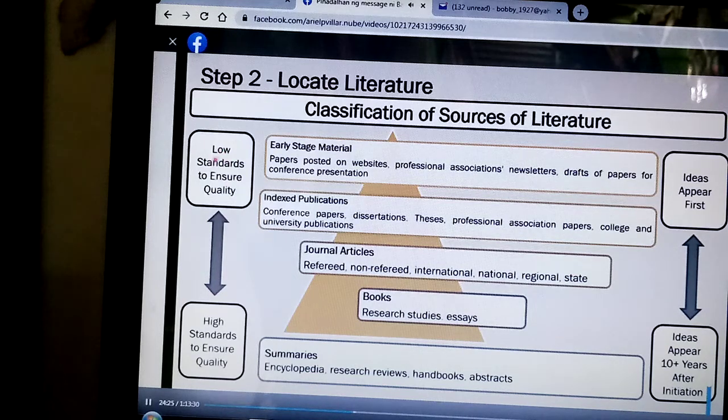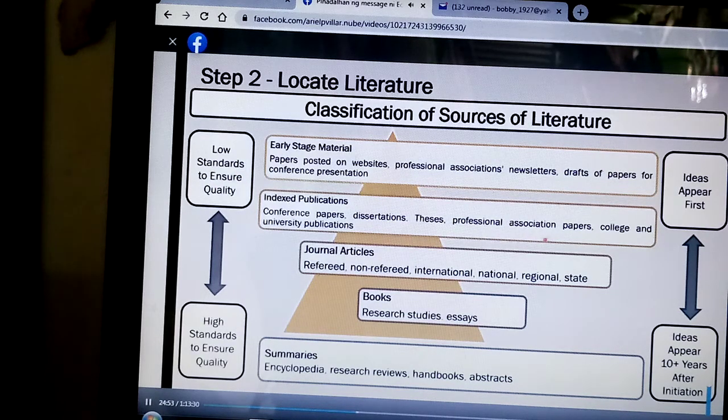Creswell in 2005 indicated the standards from the low standards to the high standards of references. So, first one, on top of the pyramid, yung mga bago-bago, yung mga early stage materials, posted papers on websites, professional association newsletters, papers, and conference presentation, sila yung tinatawag natin early stage material. Medyo nasa level siya ng medyo low standard, no?